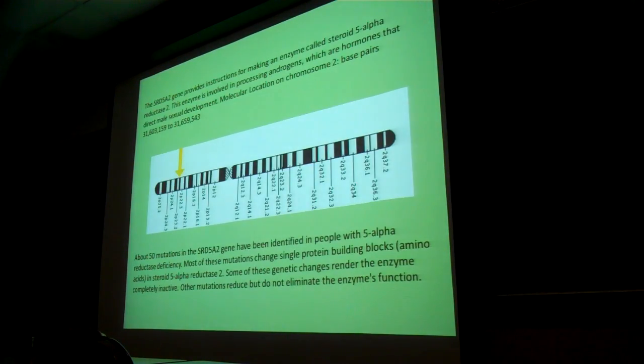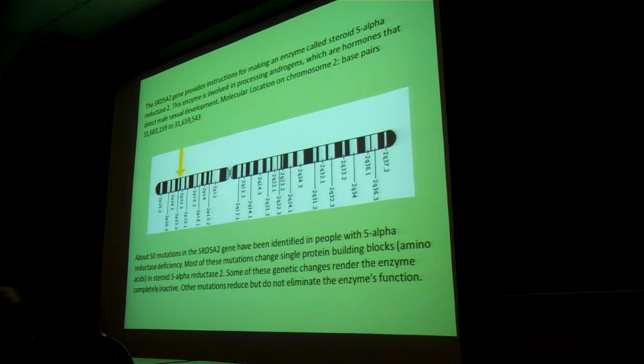So we know a lot about these kinds of defects. We know the chromosomes they're on. Like it says right here, there are at least 50 mutations already known just for the 5-alpha reductase deficiency. Because these proteins are 800,000 amino acids, and all you have to do is hack it in one place, and you might get it not to work at all.